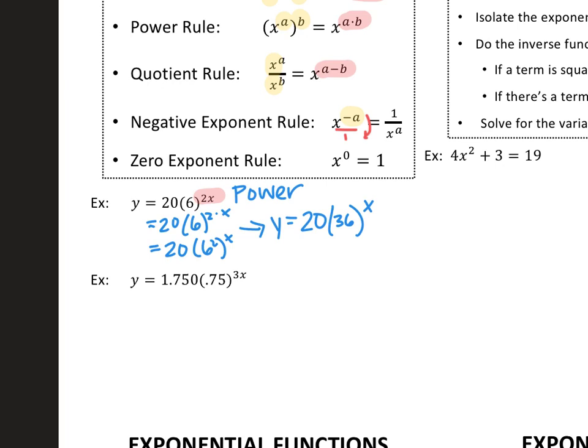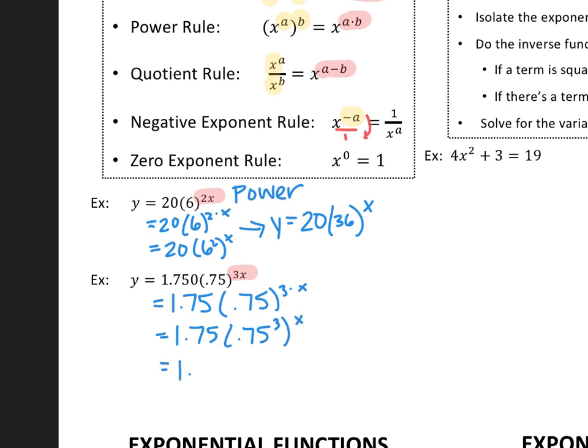The next example, 1.75 times 0.75 raised to the 3x power. Again, we can use the power rule here. We can split this up. So we could write that as 1.75 times 0.75 to the 3 times x by the power rule, which is the same as 1.75 times 0.75 to the 3rd power, all raised to the x.